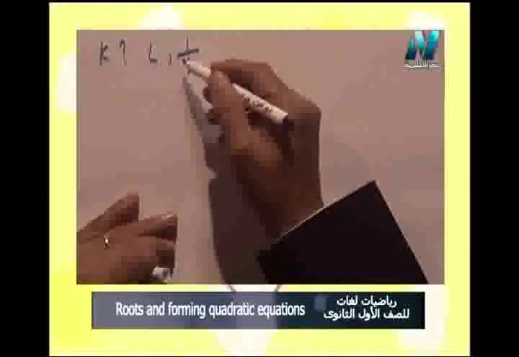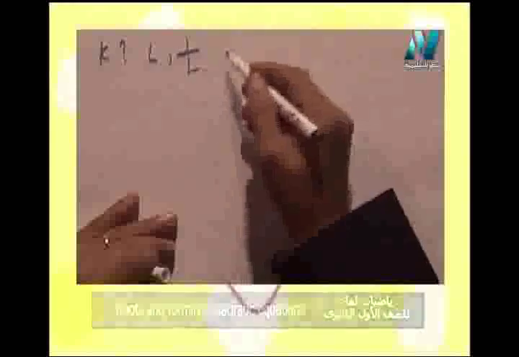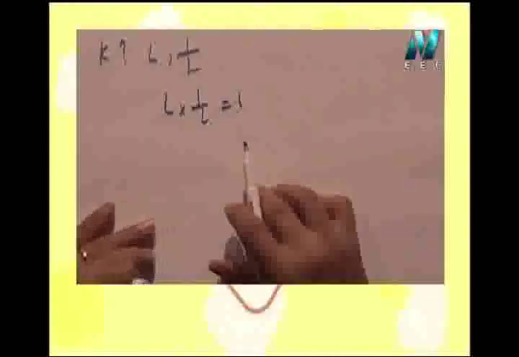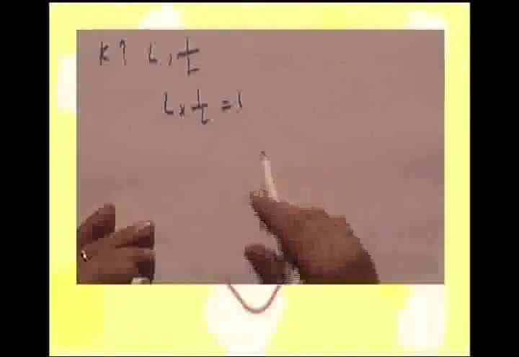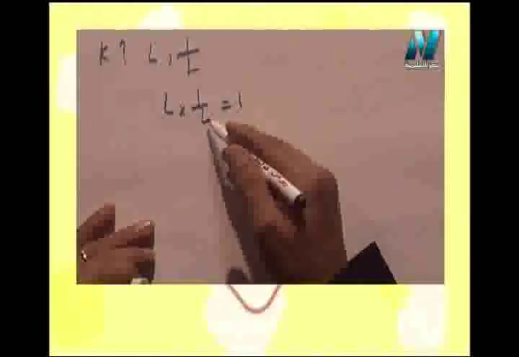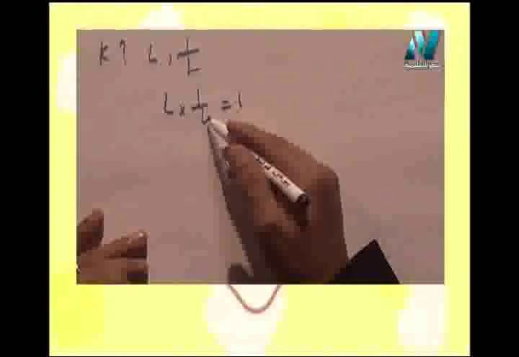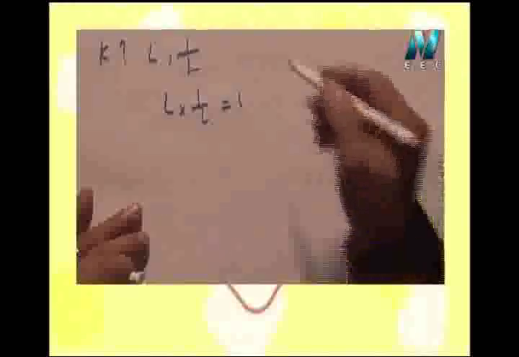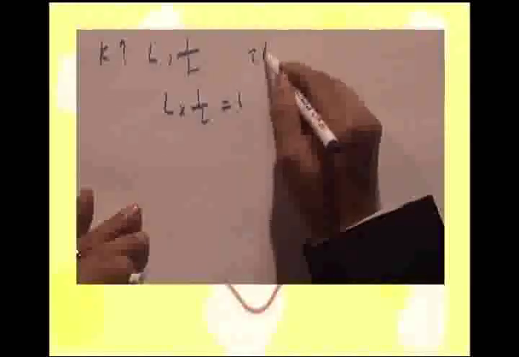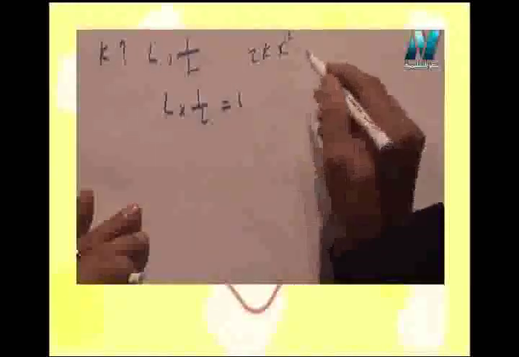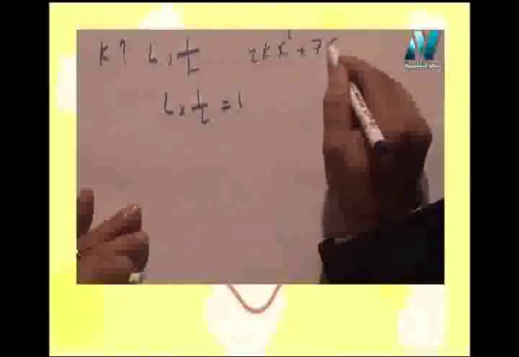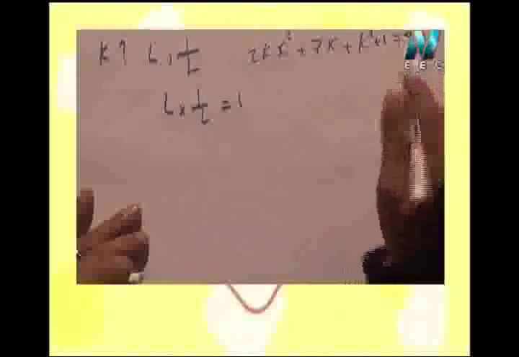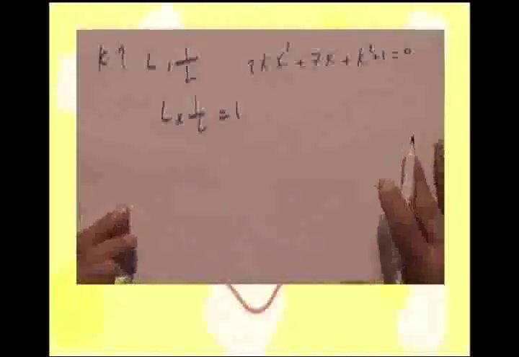And L multiplied by 1 over L will be 1, because the product equals 1, because one of them is the multiplicative inverse of the other. And we want to find k. Where is k? K is in the equation, which is 2k x power 2 plus 7x plus k power 2 plus 1 equals 0 here. Okay, it's clear now.